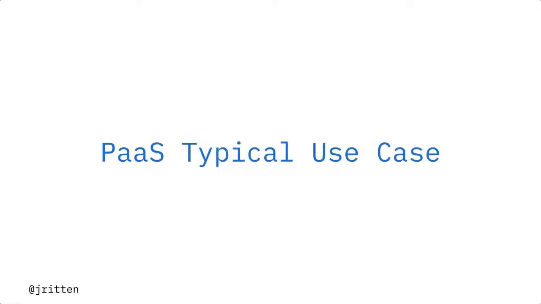So the most common use case for PaaS is mostly to build, test, deploy, run, and scale applications more rapidly and cost effectively. So for example, there's an Australian-based bank, Ubank.